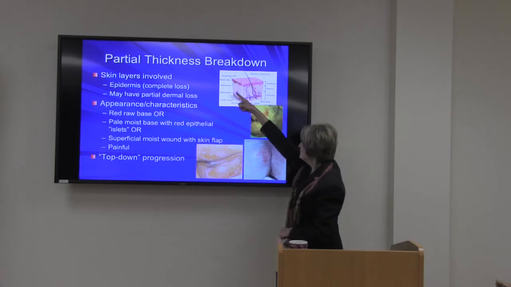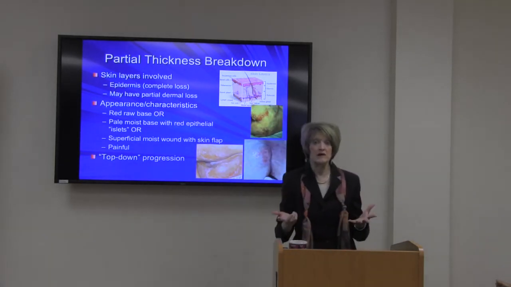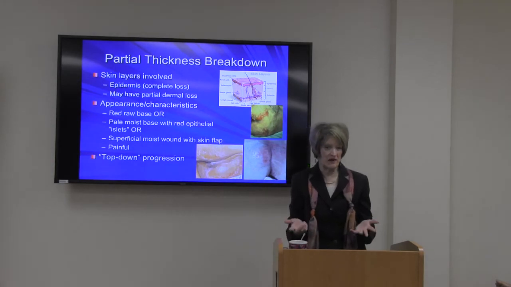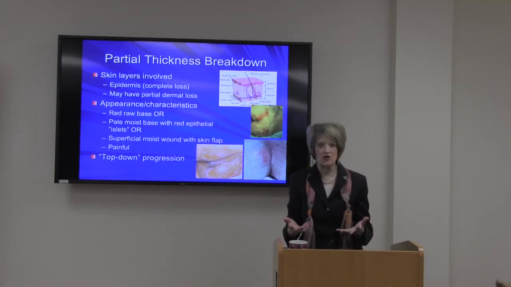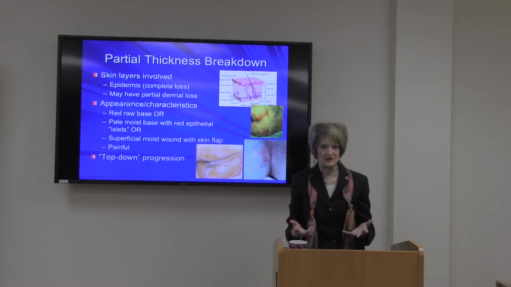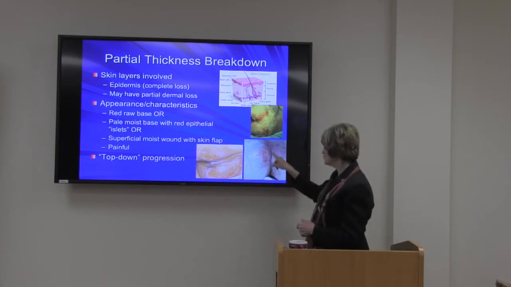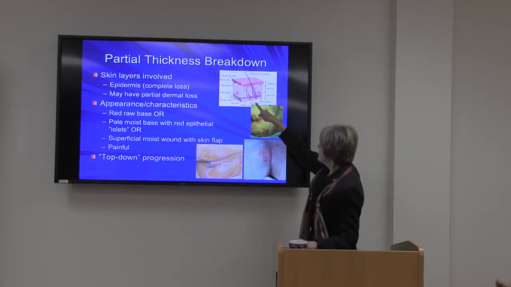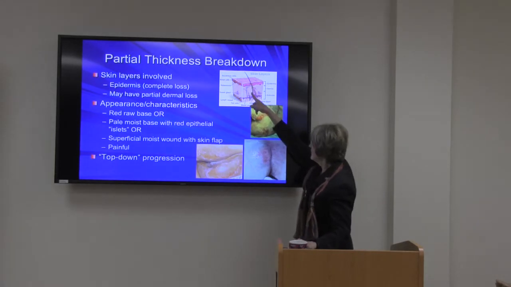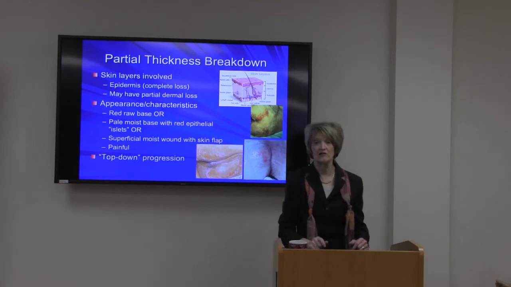What if your partial thickness lesion extends into the dermis? Remember that the dermis is primarily composed of collagen, and collagen is white. So if you have a wound that extends into the dermis, the base of the wound will have a white appearance, which you see here. Also remember that the reproductive layer of the epidermis dips down into the dermis to line the hair follicles.